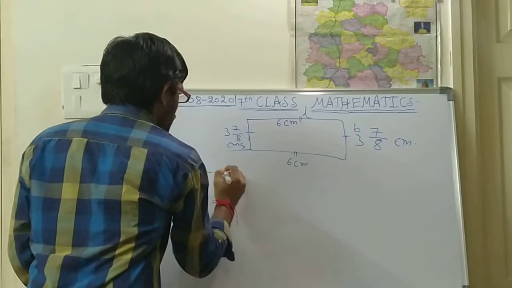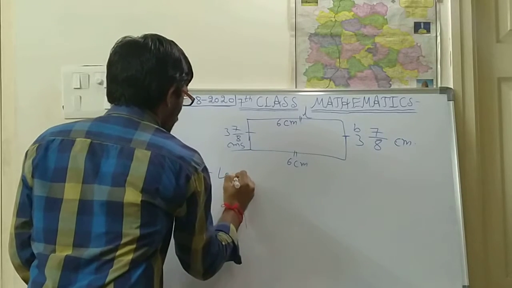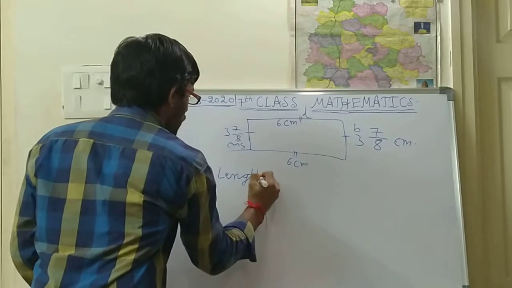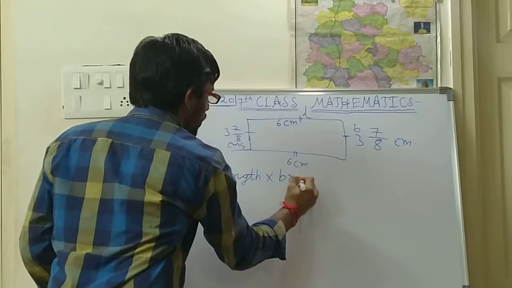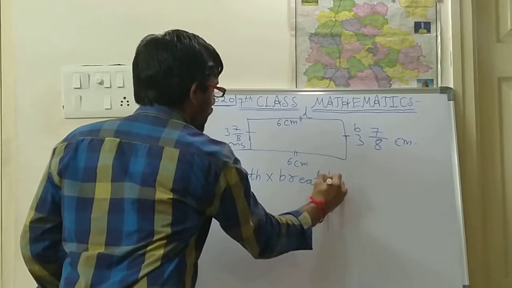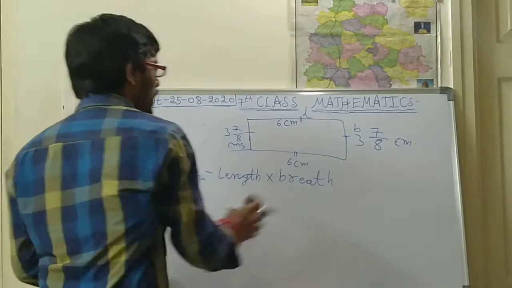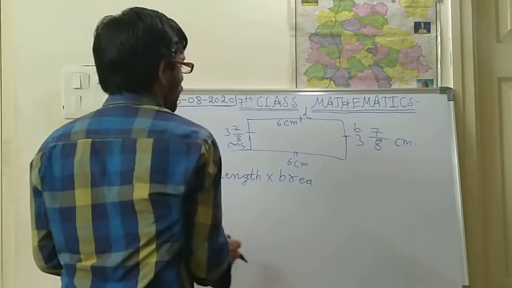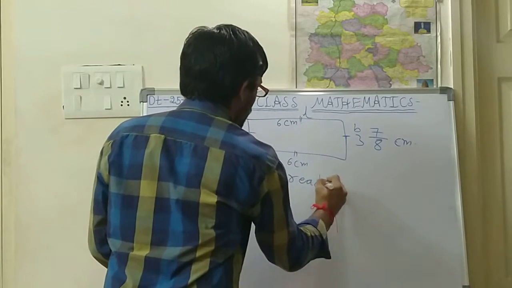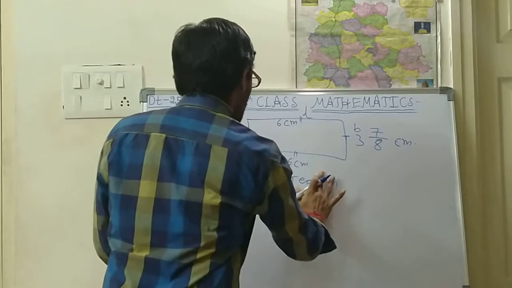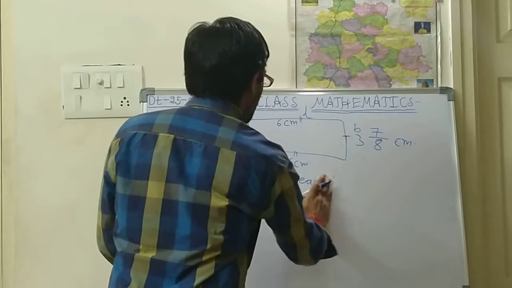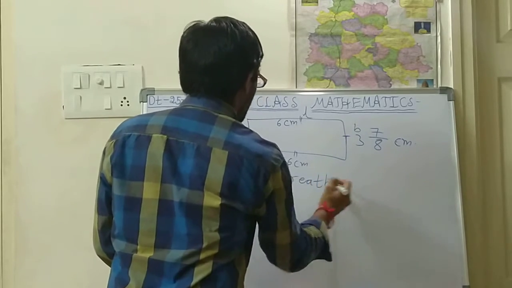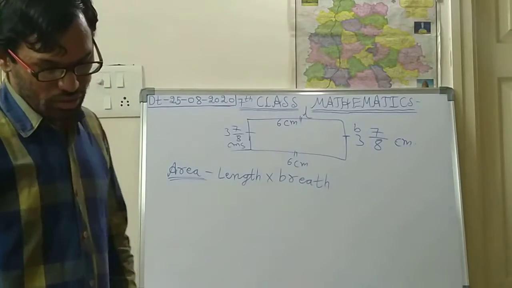Area of rectangle is length into breadth. Spellings are also very important: B-R-E-A-D-T-H, breadth. Length into breadth.